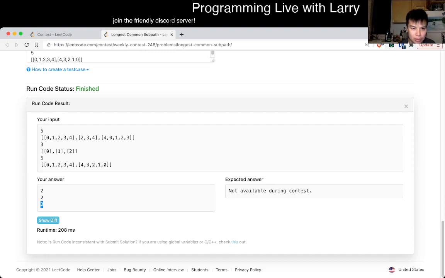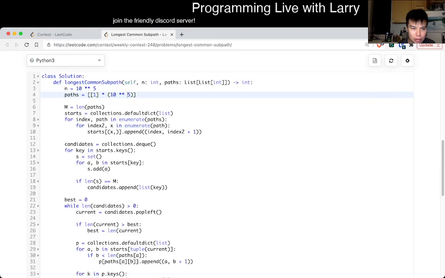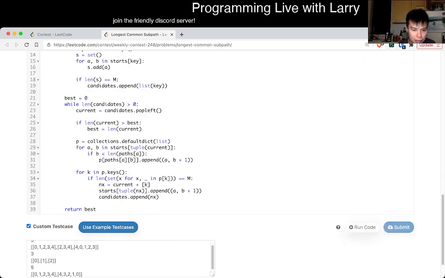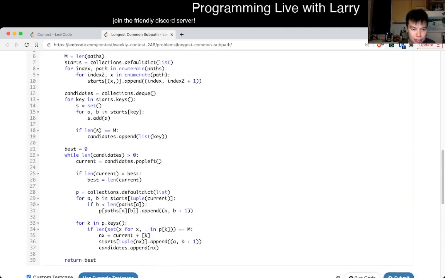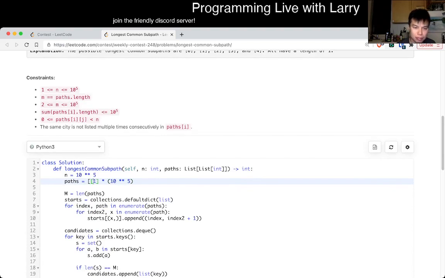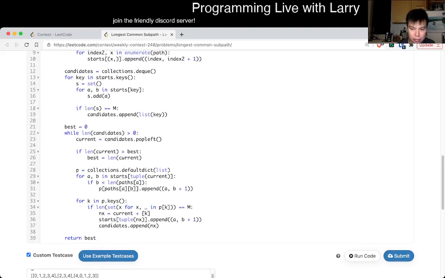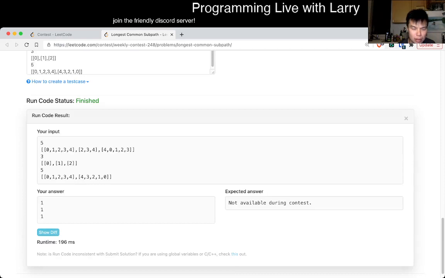Why is this 2 for this one? Oh, because I think I put it wrong.